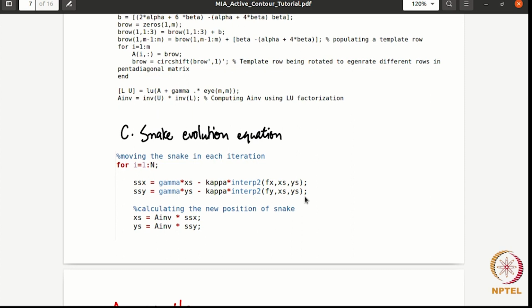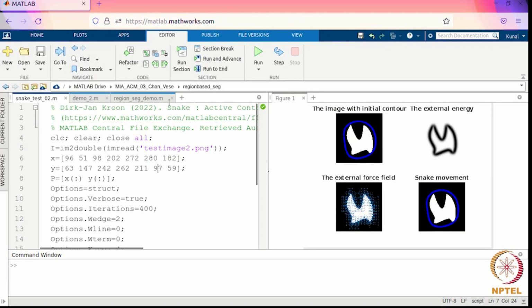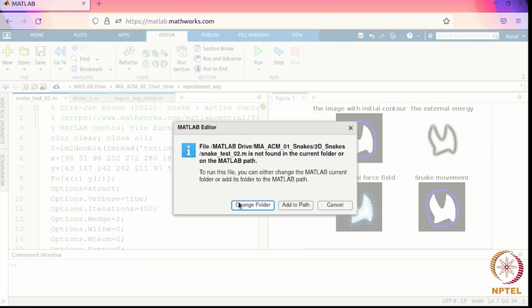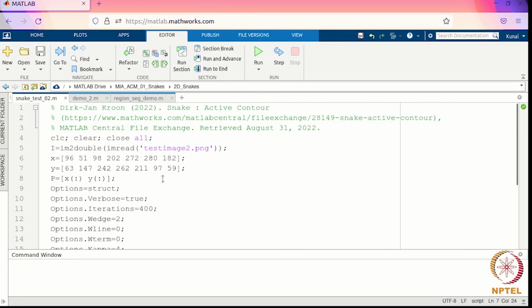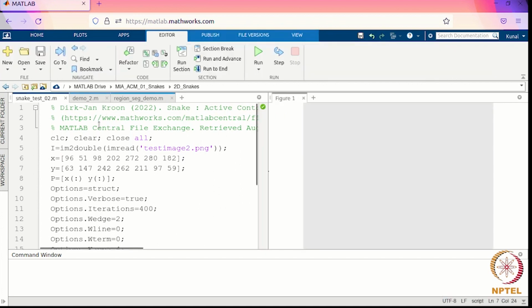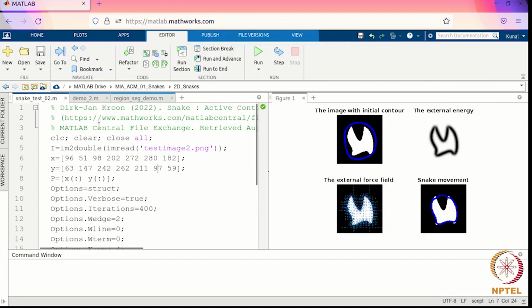So now we will show you an example of snakes in action. So for example, I run this code. This code is not written by me. This is written by Mr. Kroon. It is available in MATLAB Central.